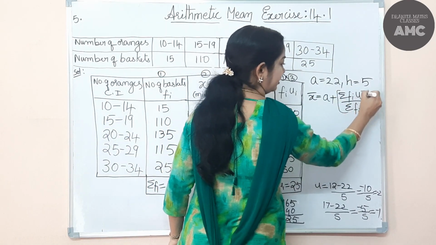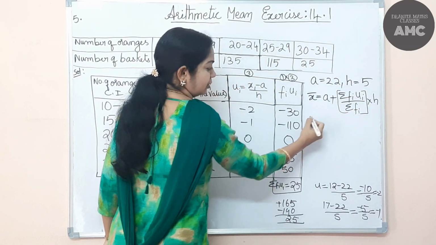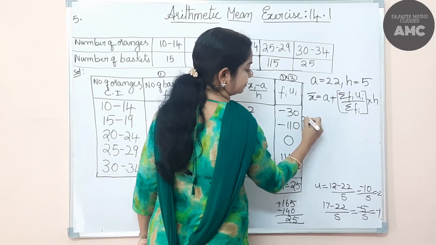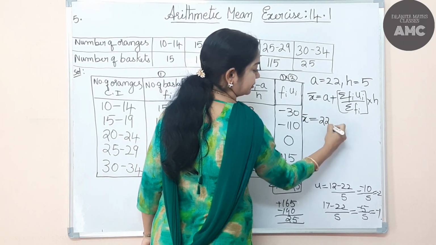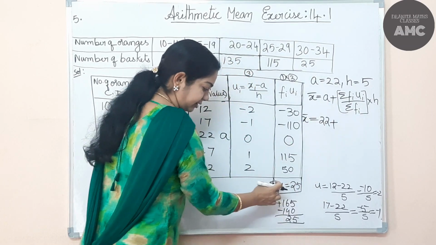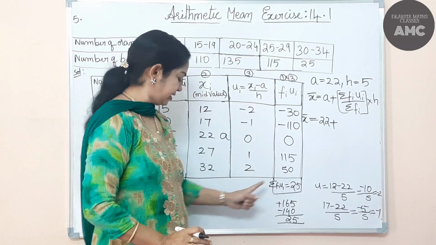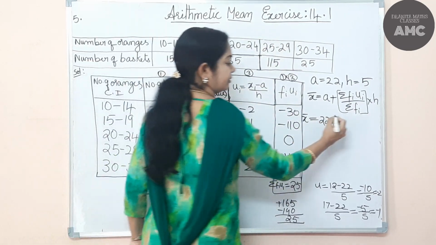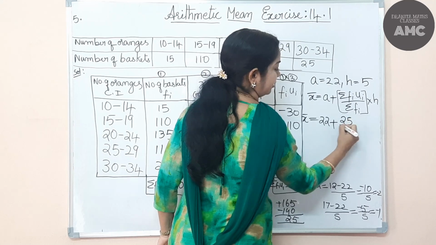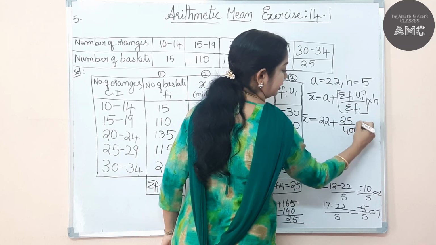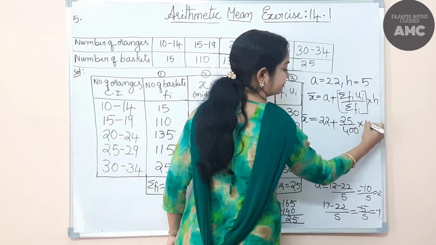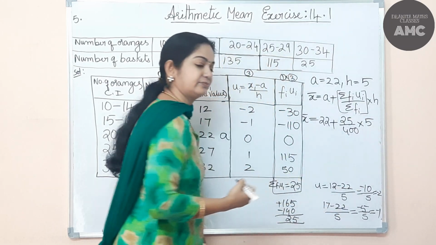You can keep it in the bracket. Now, what is the a value? 22 plus sigma fi ui, that is 25 by 400, into h, the height of the class interval, 5.